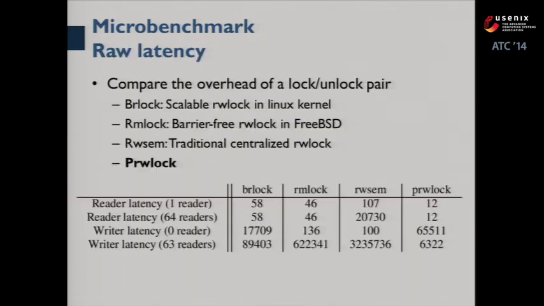Here are some performance numbers of the raw latency of the primitives. You can see that the rwlock only needs around 12 cycles to acquire or release a reader lock. For the writer, even if there are no readers, the rwlock has to send 64 IPIs to all the cores, so in this case the performance is the worst, around 60,000 cycles.